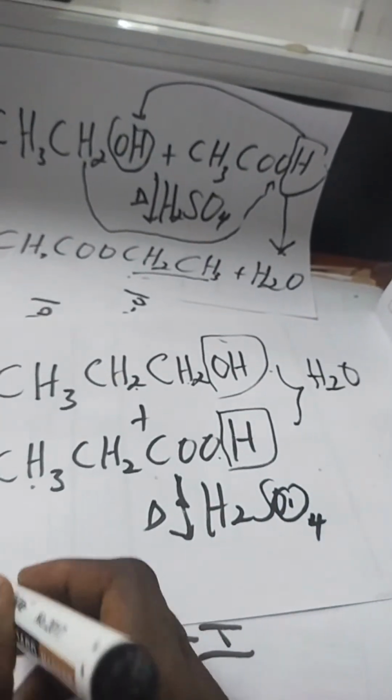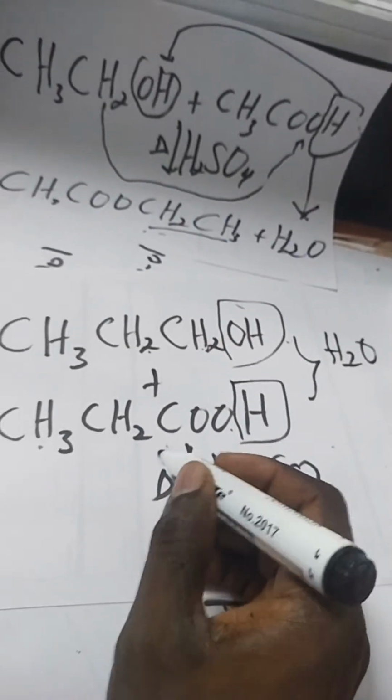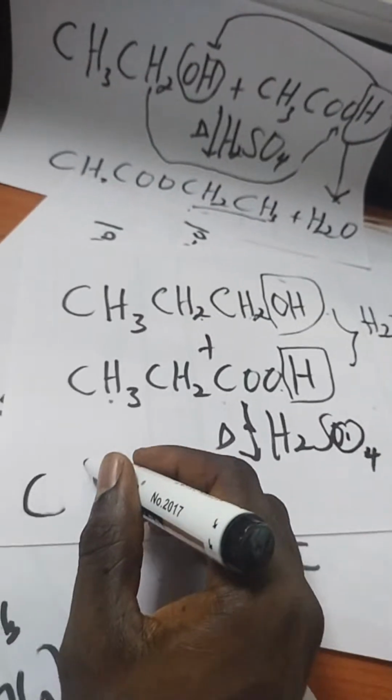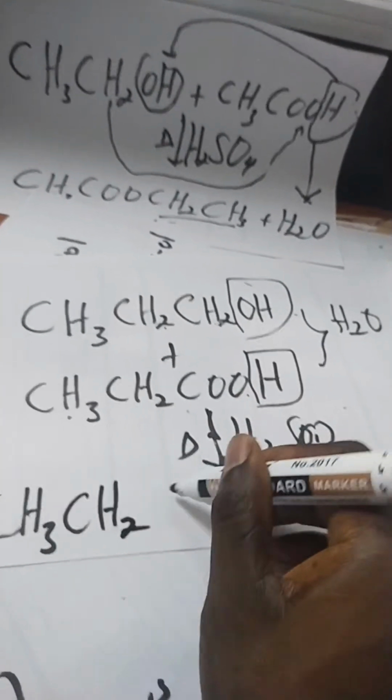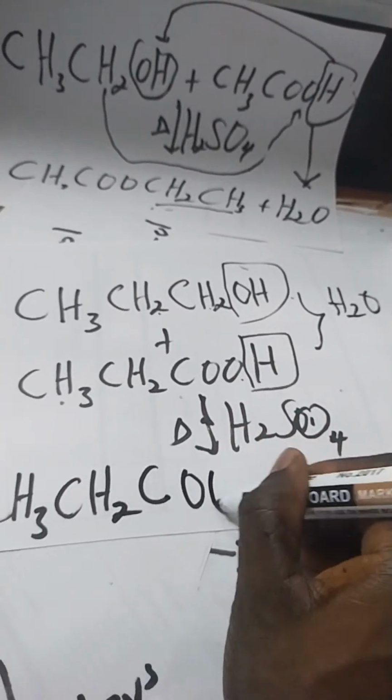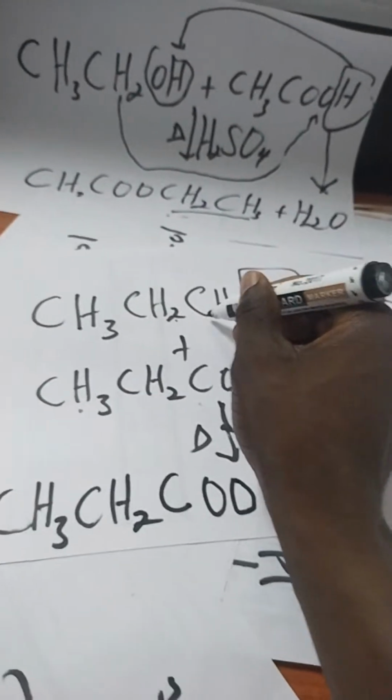So now you will be having, I'll first and foremost write this parent compound, CH3, CH2, COO, and then you bring this one, not this one first, this one.